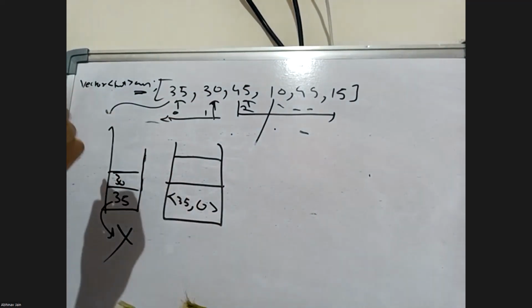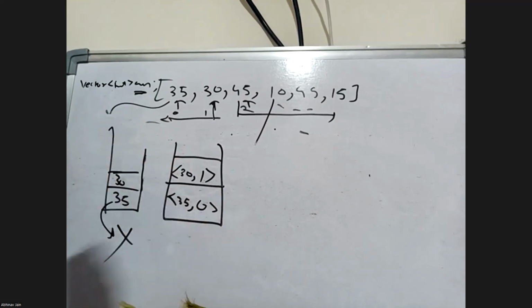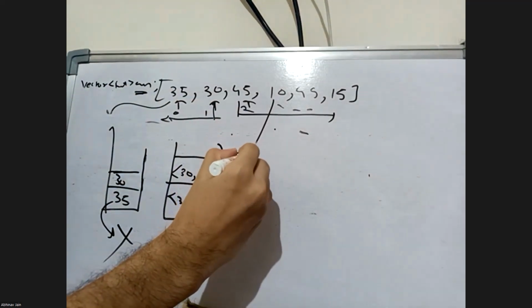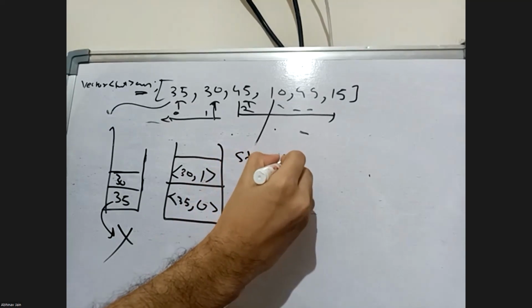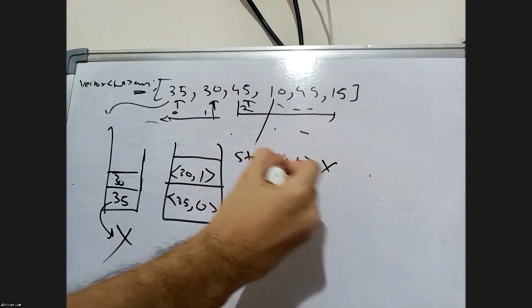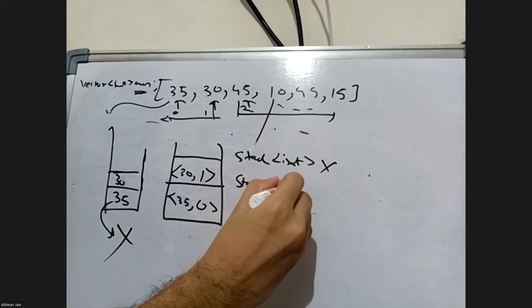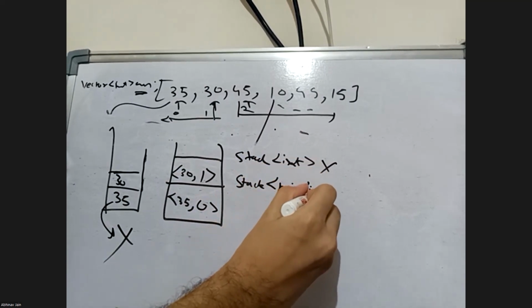For 30, we'll store 30 along with its index, 1, and so on. So we won't have a stack of int, we will have a stack of pair of int.